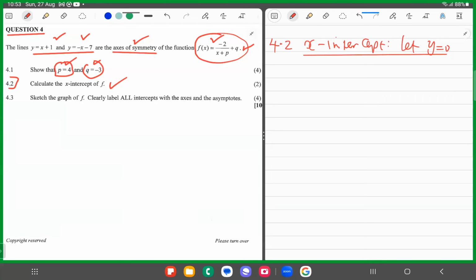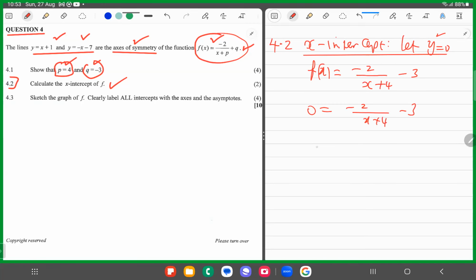You let y be 0, and we remember that the function is minus 2 divided by x plus 4, which we found, minus 3 as well. So in the place of f of x, we put 0, and we have 0 equals minus 2 divided by x plus 4, minus 3.